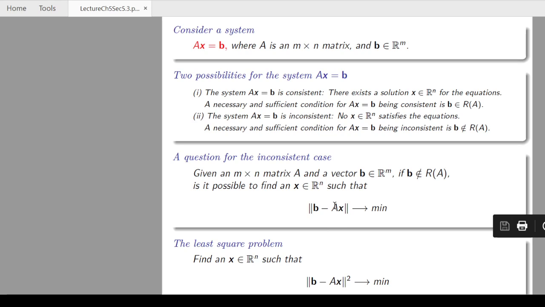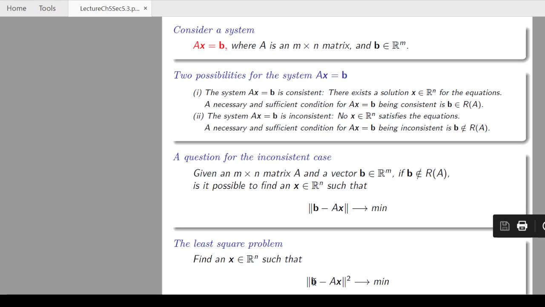Why do we take a square of the distance? Because it's relatively easier to deal with the square rather than the distance. If we take a look at this form, then we can get the idea why it's called the least square problem.